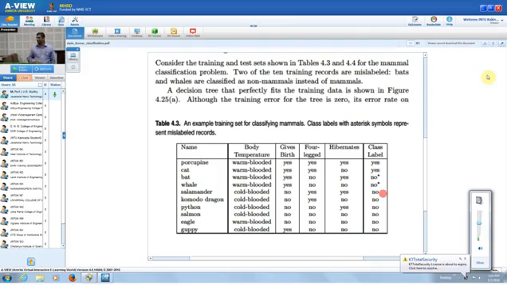A mammal will be classified as a non-mammal, so you are prone to get errors. If there are more records on the testing side, using this condition they will be wrongly interpreted, and that gives a lot of erroneous records. Misclassification will come into the picture.